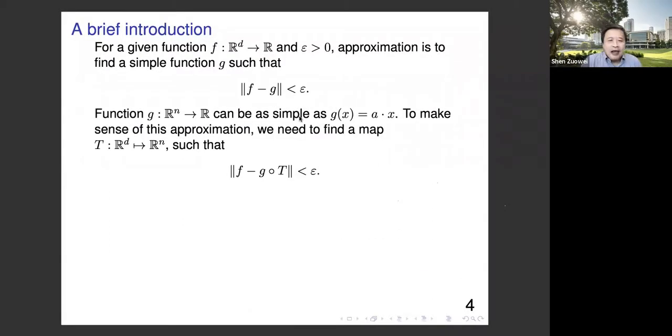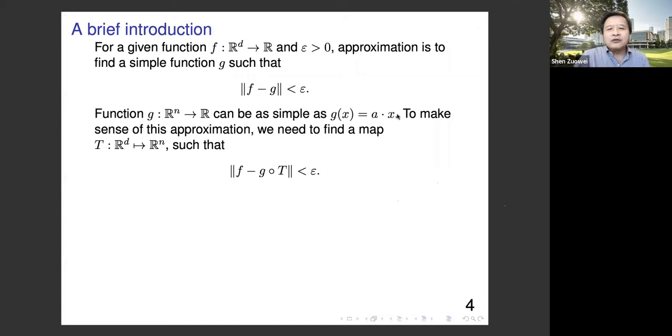This f is from R^d to R, and g can be from R^n to R. Even for d equal to n equal to 1, if g is chosen very simple, like a linear function, then you are basically using a line to approximate a curve. Most of the time it does not work or does not give a good approximation.